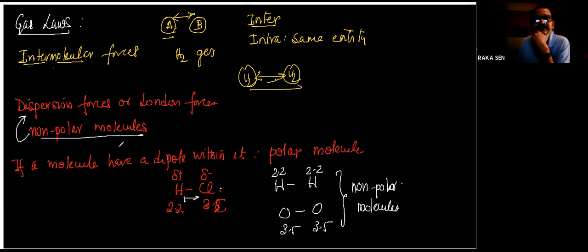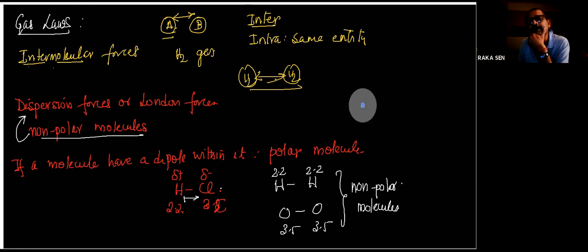Now, what happens, say for example, in the case of London forces? Essentially, you have got a nucleus, and surrounding the nucleus you have got an electron cloud.